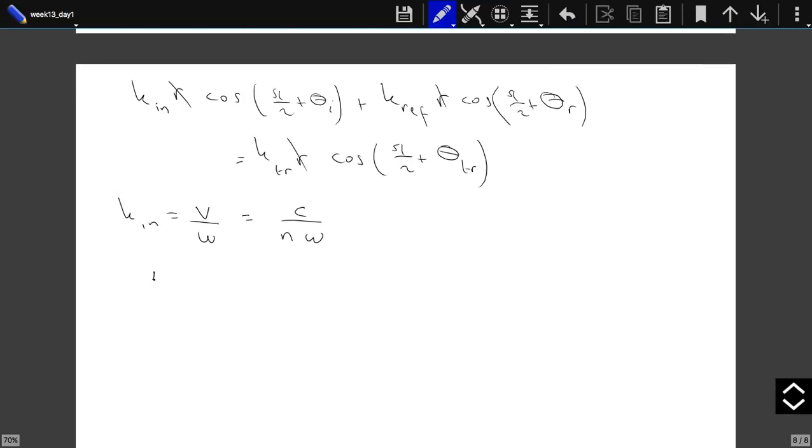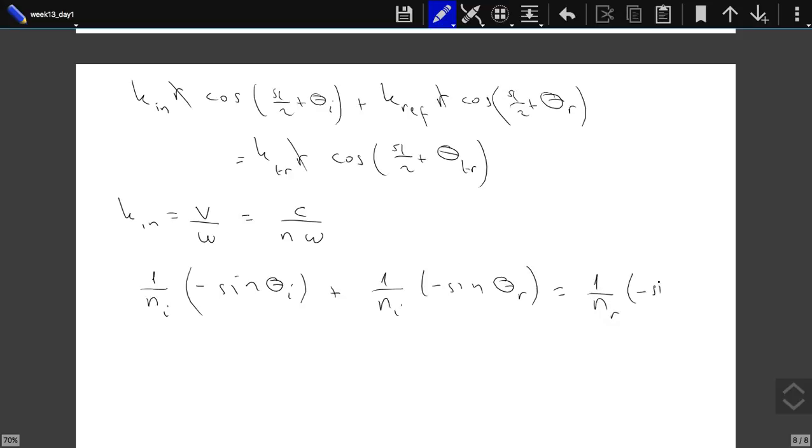So that tells me that 1 over n incident times minus sine theta I equals 1 over n incident times minus sine theta R, which should be equal to 1 over n transmitted times minus sine theta transmitted.